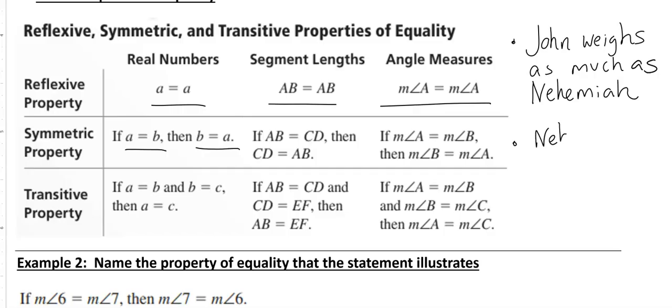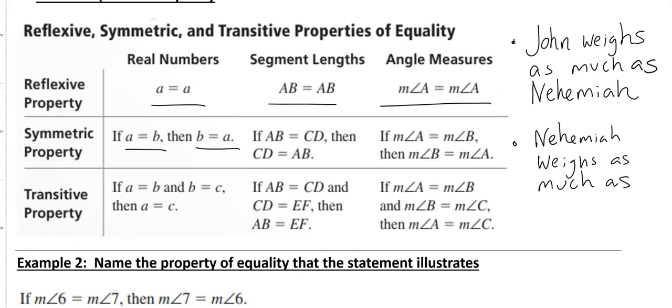Nehemiah weighs as much as Joseph. Okay, so John weighs just as much as Nehemiah. Nehemiah weighs just as much as Joseph. What can you guys tell me about John and Joseph? They weigh the same, right?